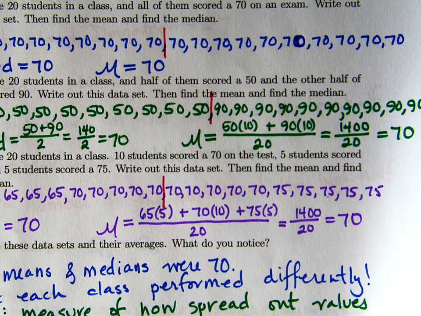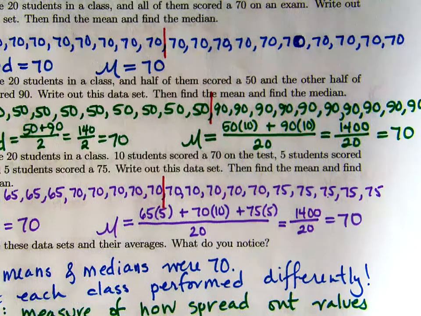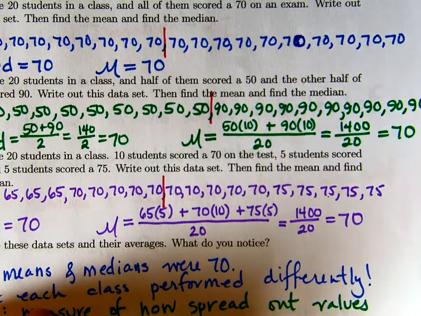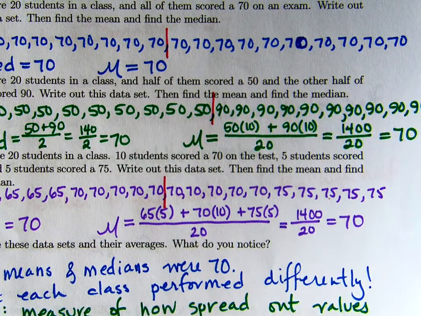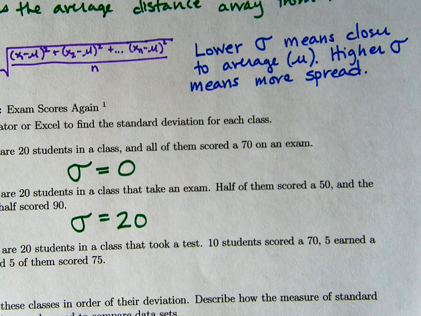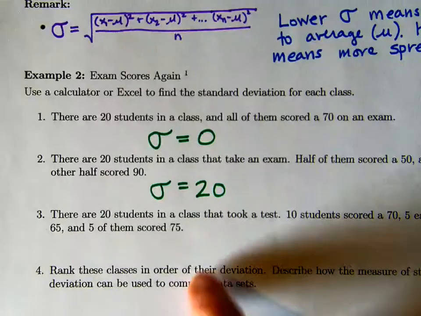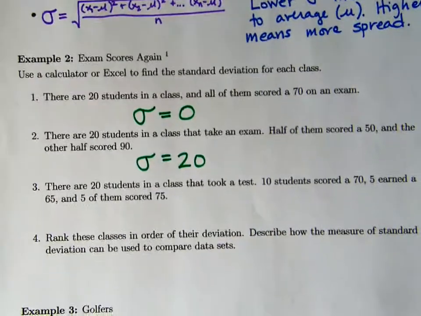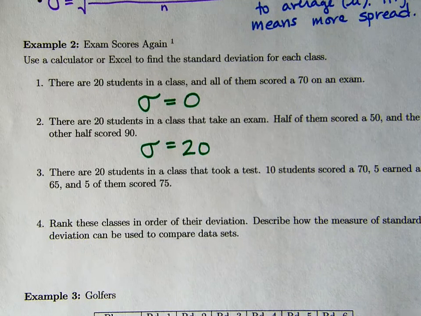Voila, there you have it. So on average, how far away was your score from the average? Oh, like 20 points. So how far did they deviate from the average is really what's happening.